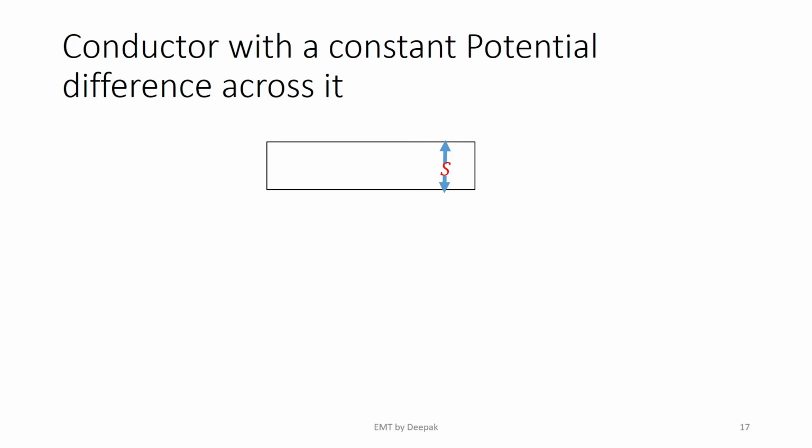Let us assume a conductor with a cross-sectional area S and length L, connected to a battery with a potential difference of V. The current will be moving from right to left, because outside the battery the electrons move towards the positive terminal, and the current moves in the direction opposite to it. Right?